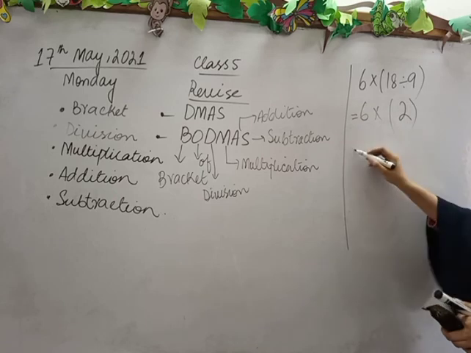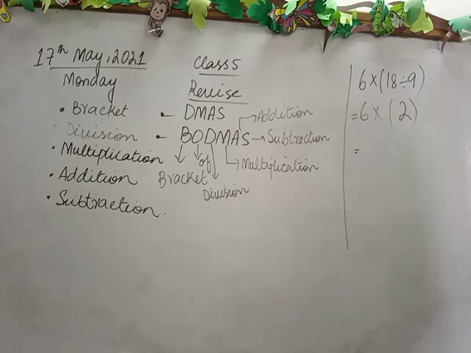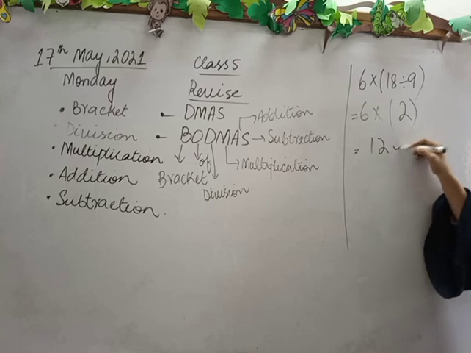In the next step we will write 6 multiplied by 2. What is the answer, class, when we have 6 multiplied by 2? Very good. 6 into 2 is 12. Fine.